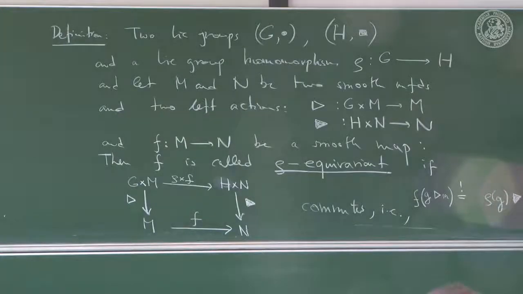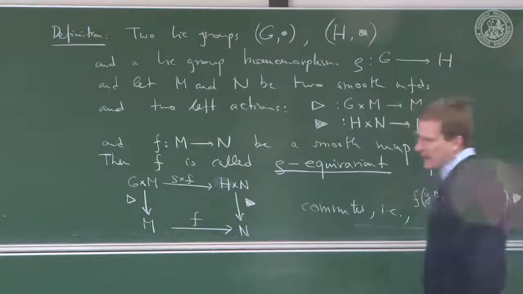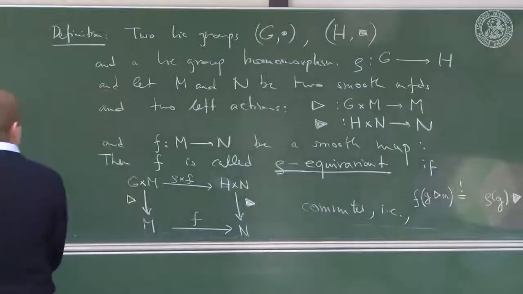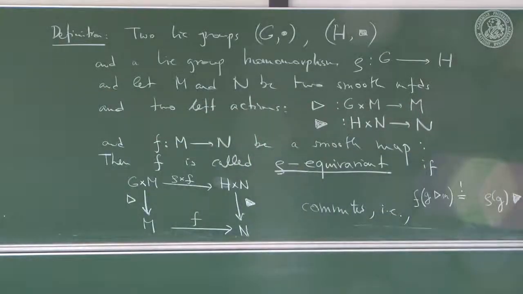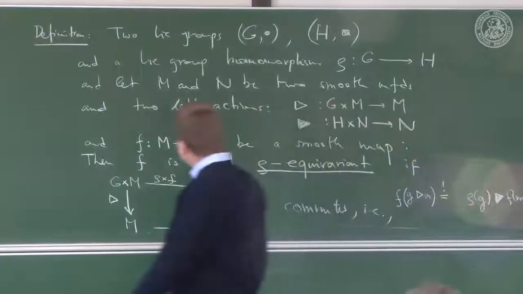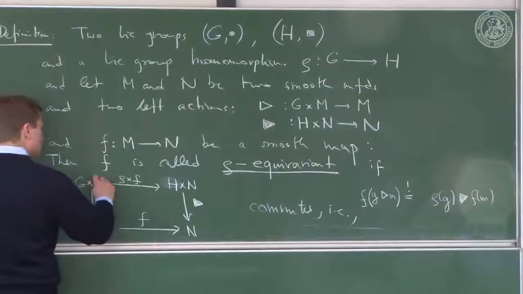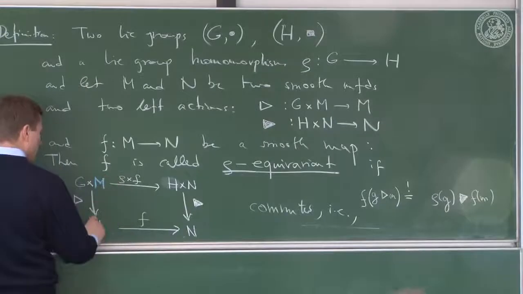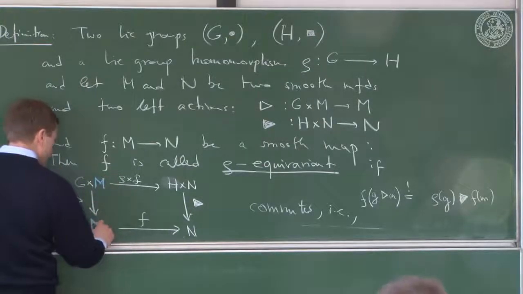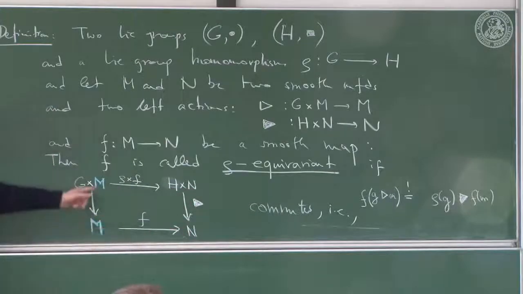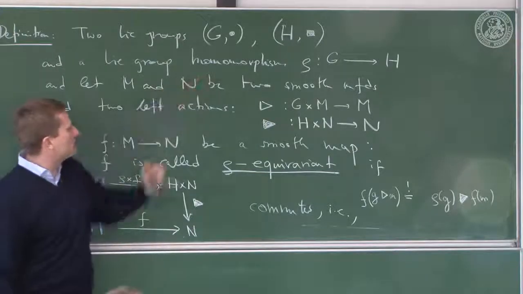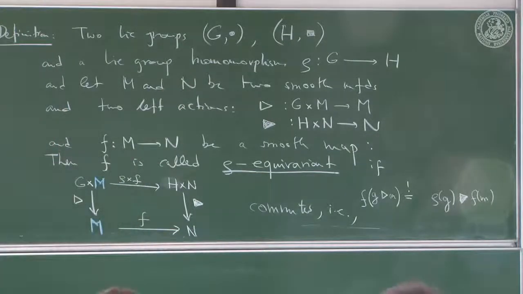Okay. So it's a new word, rho equivariant, and what does it talk about? Well, it talks about if you have two manifolds that are each equipped with a left action. You have the manifold N equipped with this action, the manifold M equipped with this action, not of the same group, but by groups that are connected by a group homomorphism.